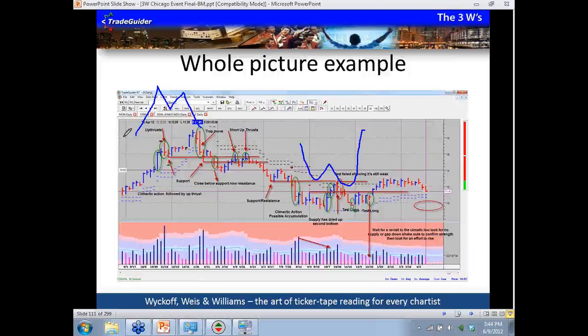Upthrust and things of that nature, and then it'll start to come down and do a little testing. A lot of the times you'll see no demand and an upthrust in that second half. If it falls through, that's when you look for VSA signals.